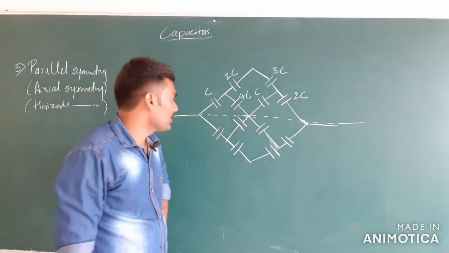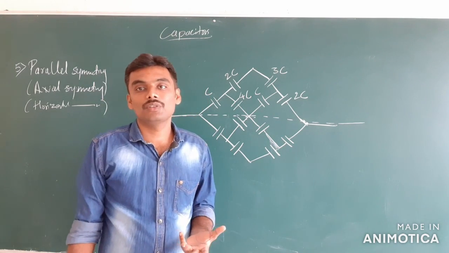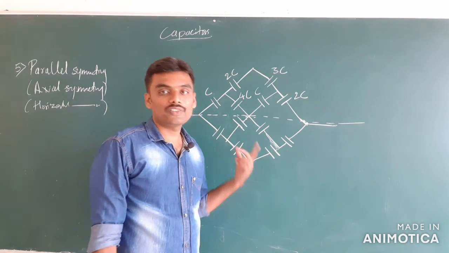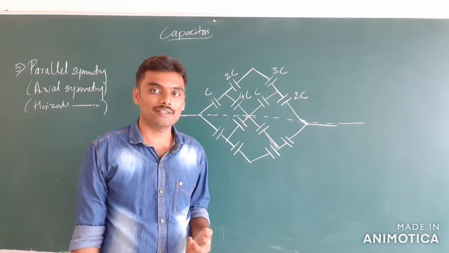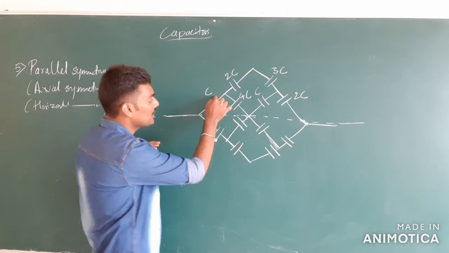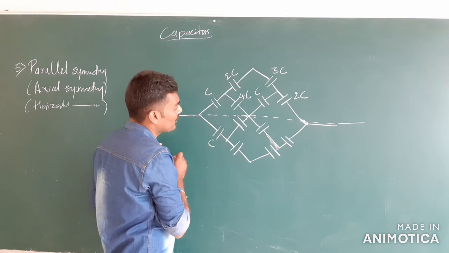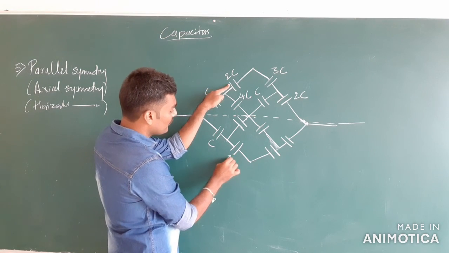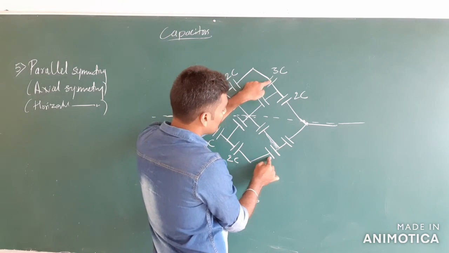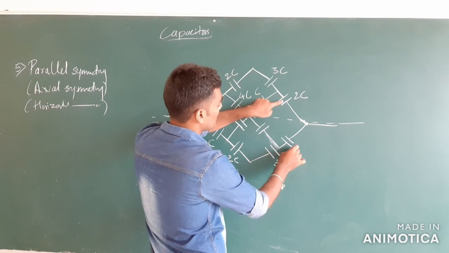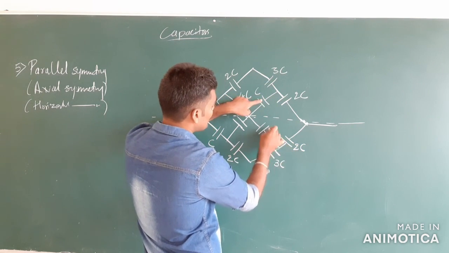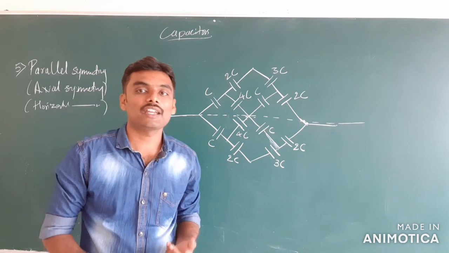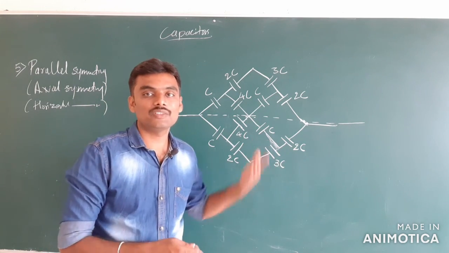If they ask you what should be the capacitances of the lower part of the circuit, if the circuit is in horizontal symmetry, then see here we have C, so here also we should have C, and then here I have 2C. This is the parallel symmetry of this, which must have 2C again, and 3C here, the reflection is here 3C, 2C, 2C and C, so C, 4C, 4C. So now the circuit can be taken as a circuit with horizontal symmetry.